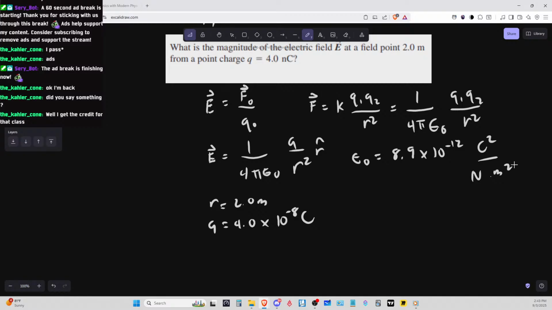Okay, so I think now it's basically just putting the numbers in. So we have 1 over 4 pi times 8.9 times 10 to the negative 12, then that multiplied by the charge, which is 4.0 times 10 to the negative 8, divided by 2. Wait.